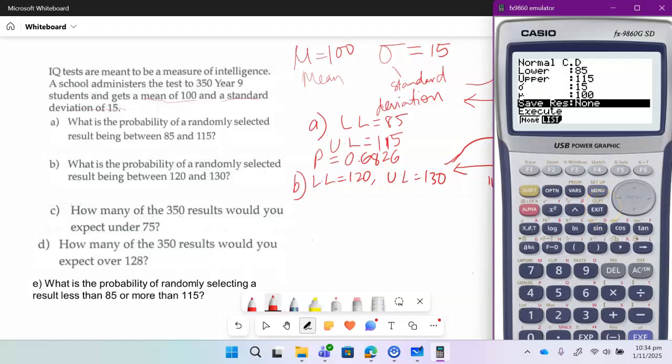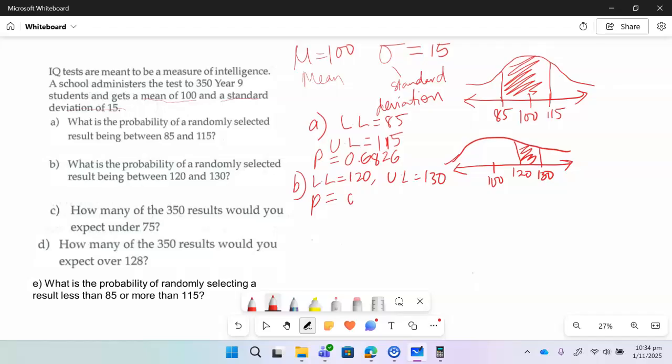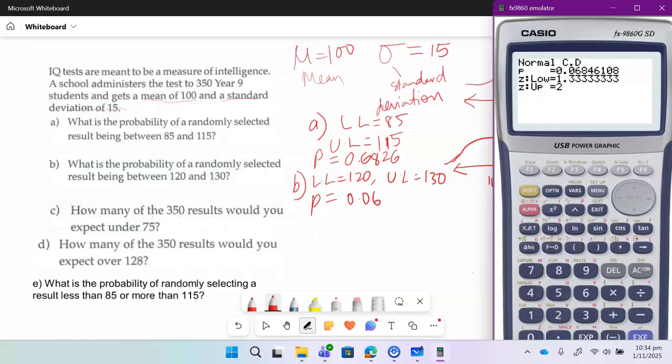To get out of the screen, just press exit, move the arrow up. The answer is 0.06846.